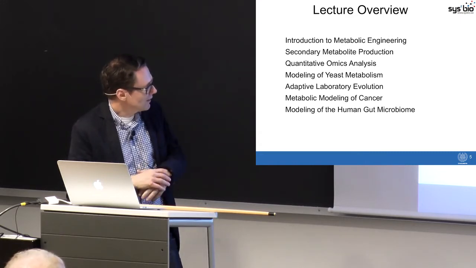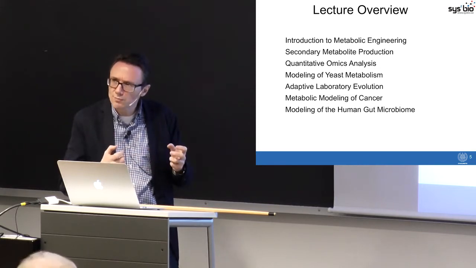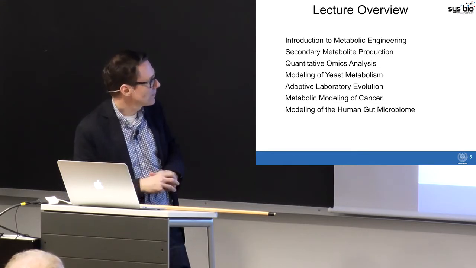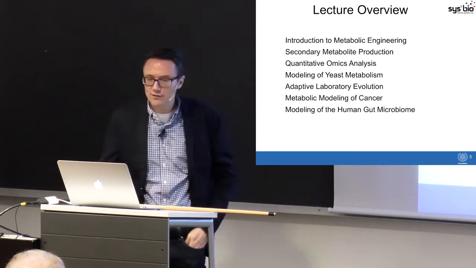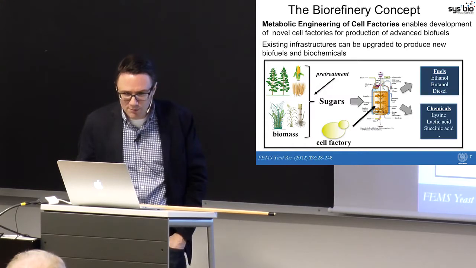I'll talk briefly about adaptive laboratory evolution because it's an example of how we can use systems biology to learn something for cells that have different phenotypes. And then I'll move on to talk about cancer, and then in the end talk very briefly about modeling of the human gut microbiome.